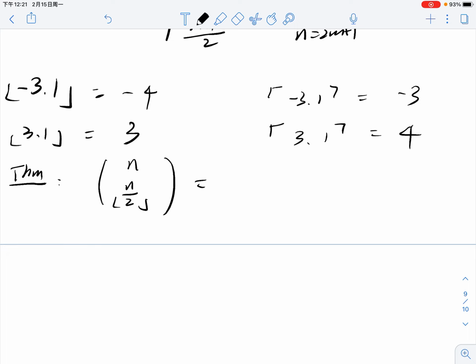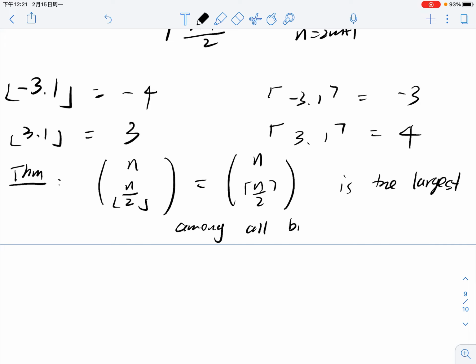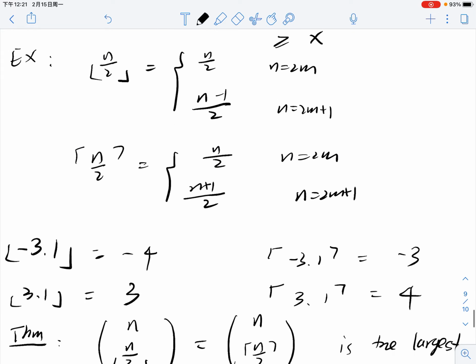That is, n choose floor of n over 2 equals n choose ceiling of n over 2, which is the largest among all binomial coefficients. Okay, I will stop here for this lecture.